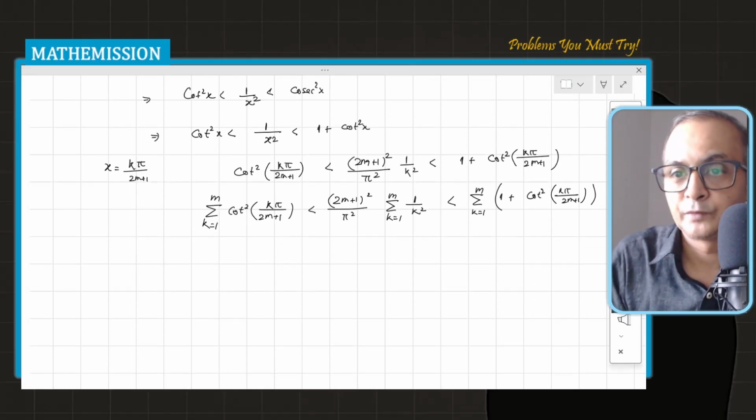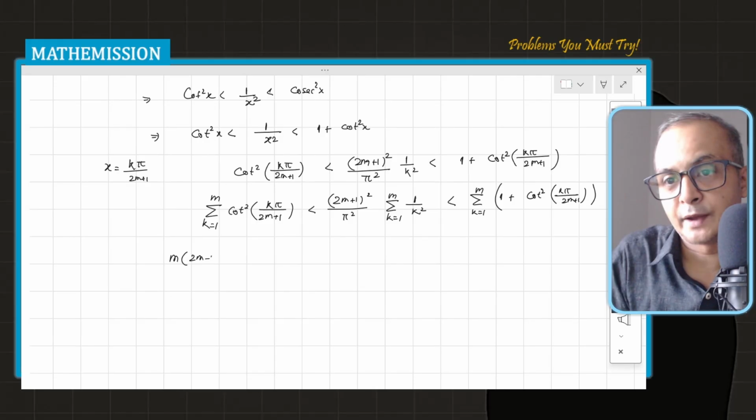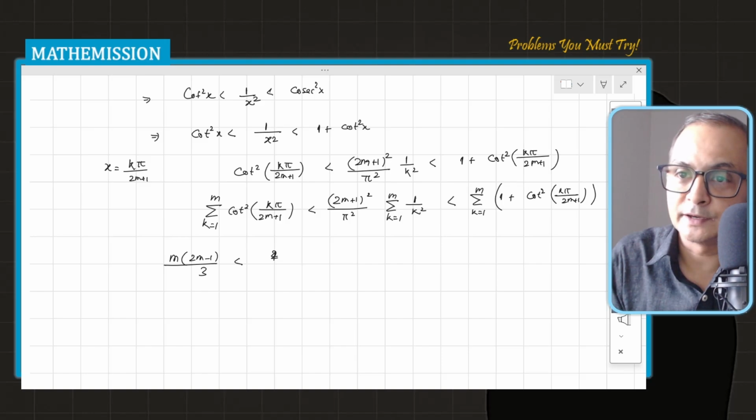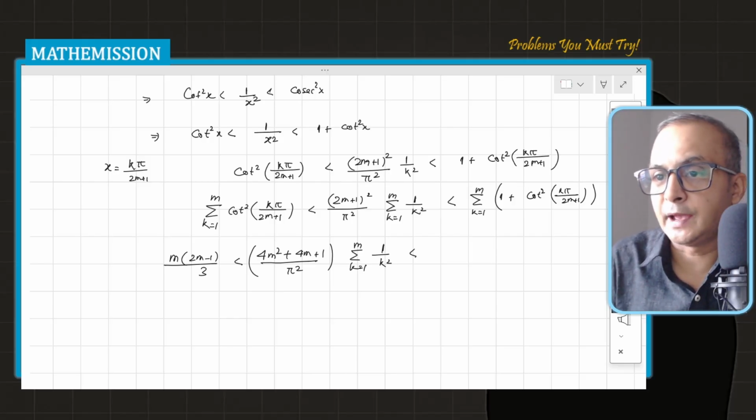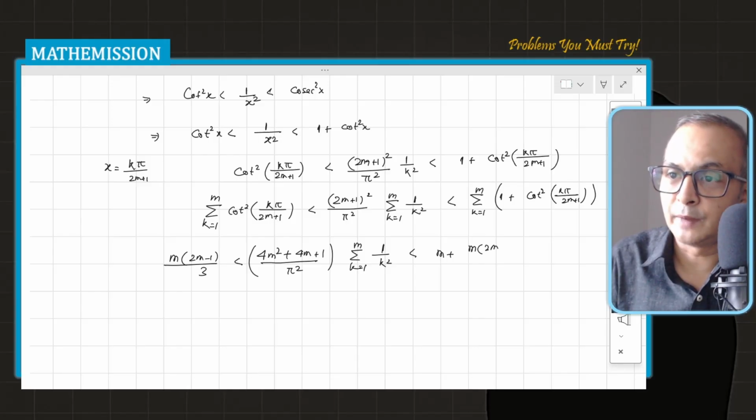So we get here m times 2m minus 1 by 3, and this I can expand, so this is going to be 4m square plus 4m plus 1 divided by pi square. And notice this is our key term, what we have to evaluate, the sum of 1 by k square. And this is going to be m, and again, I can write this as m into 2m minus 1 by 3.